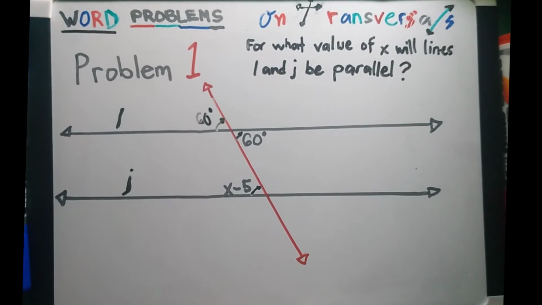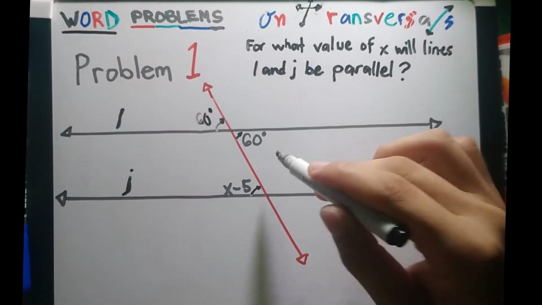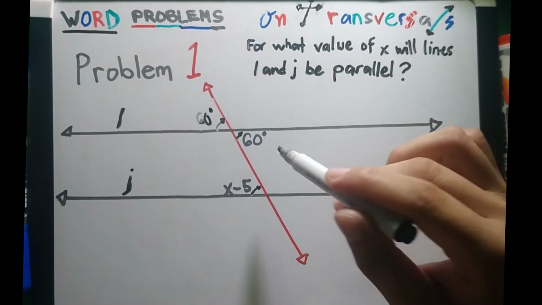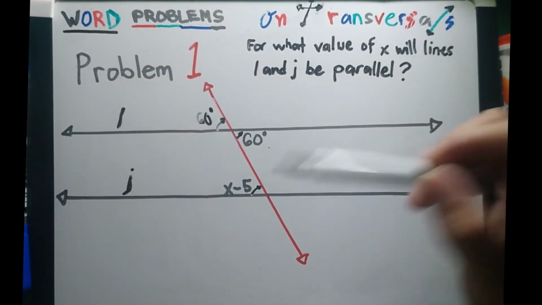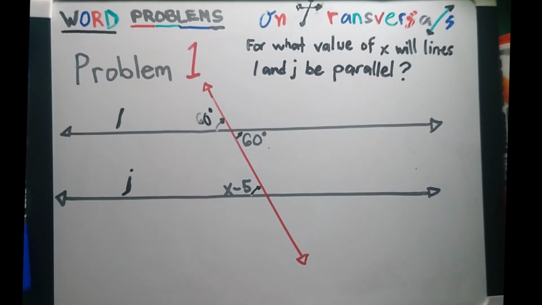So by transitive property, from this third angle, we can say that both of the given angles, 60 degrees and x minus 5, are equal, or both of these given have equal measures.